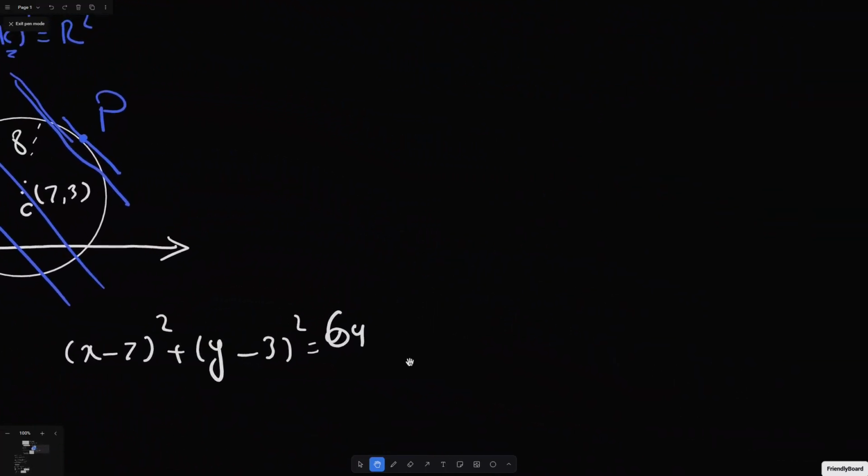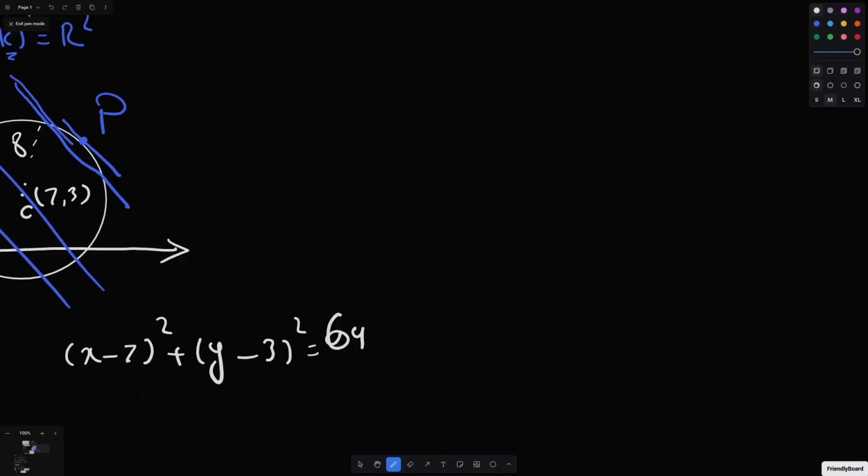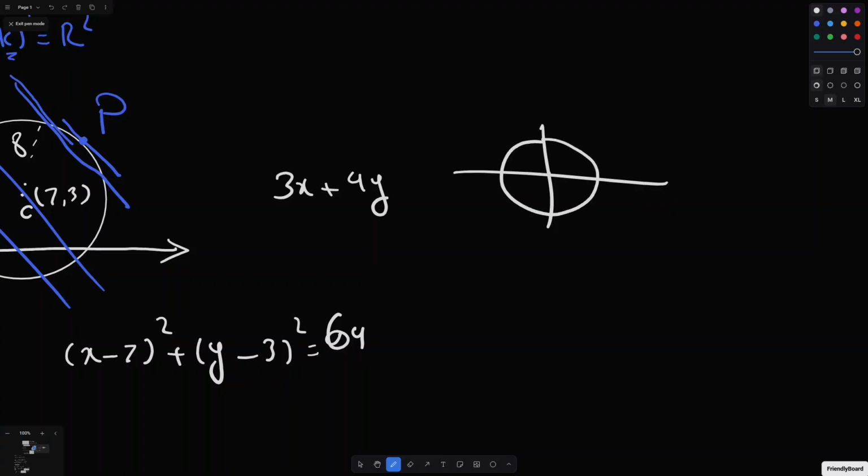And then we want to find the maximum for 3x plus 4y. So how would you solve this? Using Cartesian and polar coordinates. When you have a circle centered at the origin, you know the equation for this.